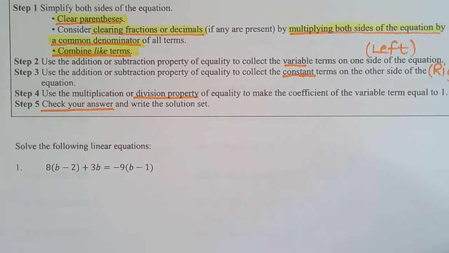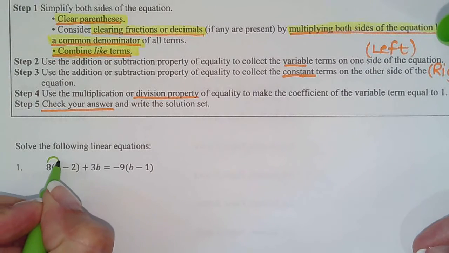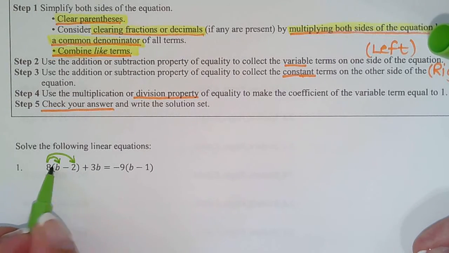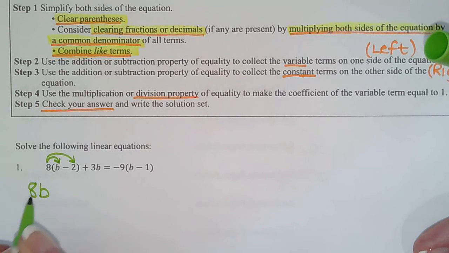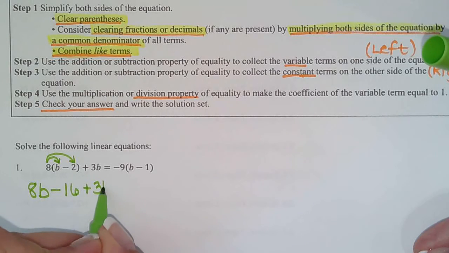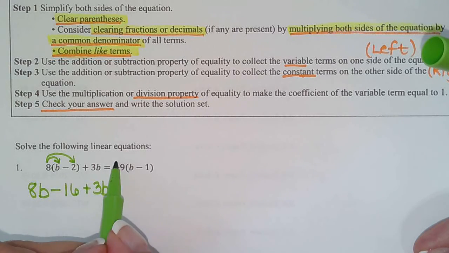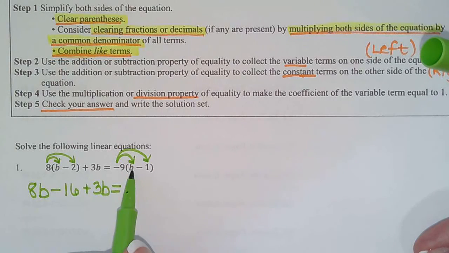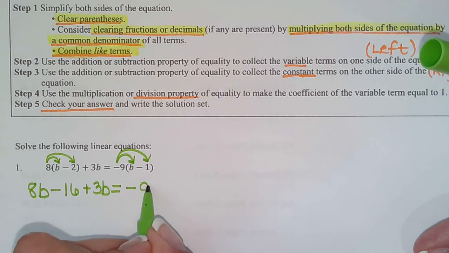So I see parentheses here. So does everybody know this is multiplication? When there's a number beside parentheses, that means it's multiplication. So 8 times b is 8b. 8 times -2, -16. And then we bring down the plus 3b, bring down the equal, and then we have distribution again. -9 times b is -9b.